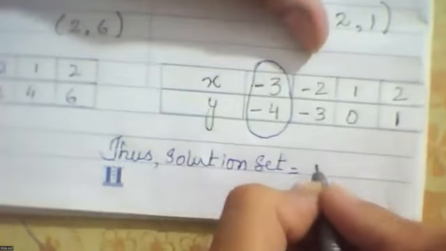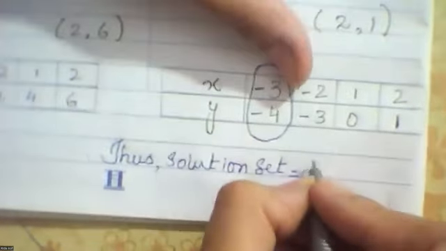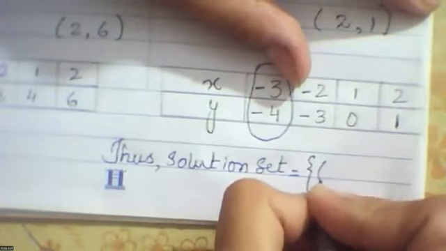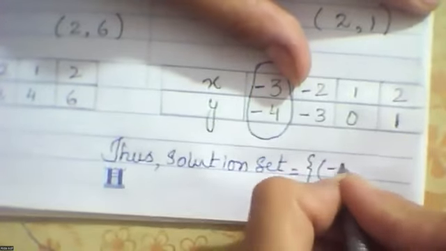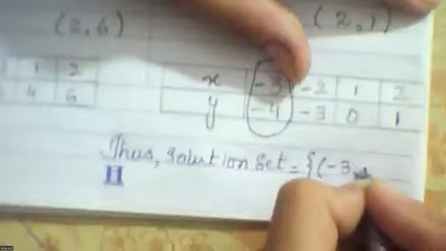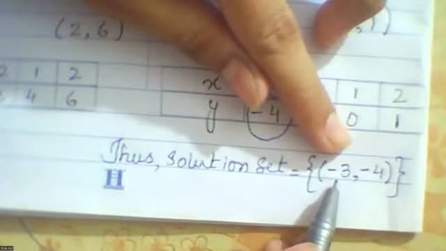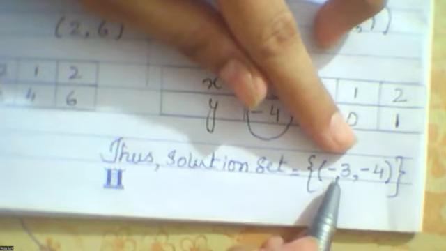Students, we have to write the solution set in a proper way. First, we draw curly braces, then the round bracket for the ordered pair, and we get -3, -4. Please remember that the first place must be for our x coordinate, right?